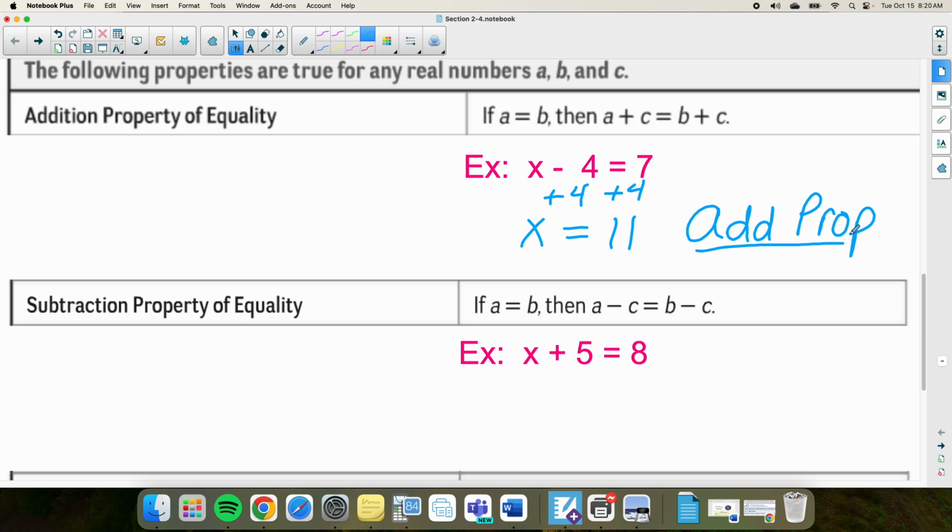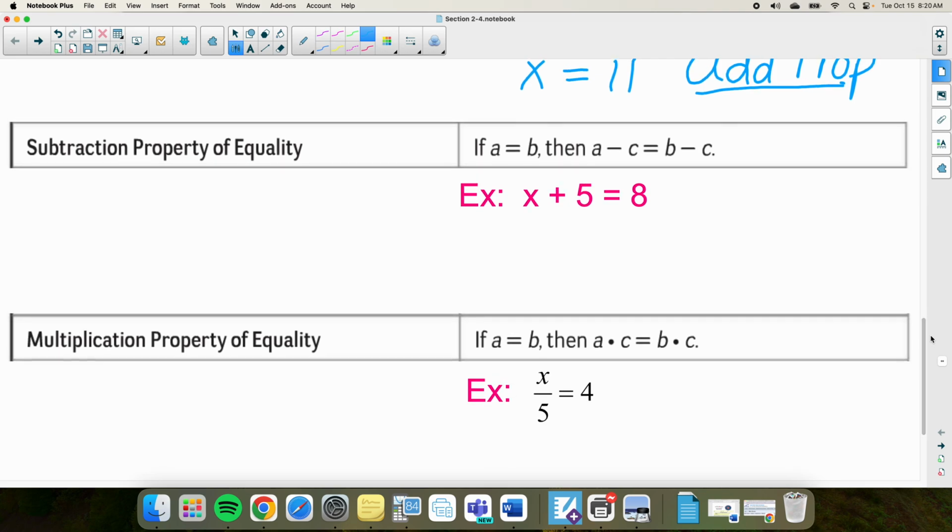You may want to write down how I abbreviate things so that you remember that when you get to doing them yourself. The next thing that you could see today is something like this. In this one, we have to subtract from both sides. And if we subtract 5 from both sides, do you guys get that we would get x equals 3? And then you do have to be careful if you abbreviate subtraction, because we also have what's called a substitution property.